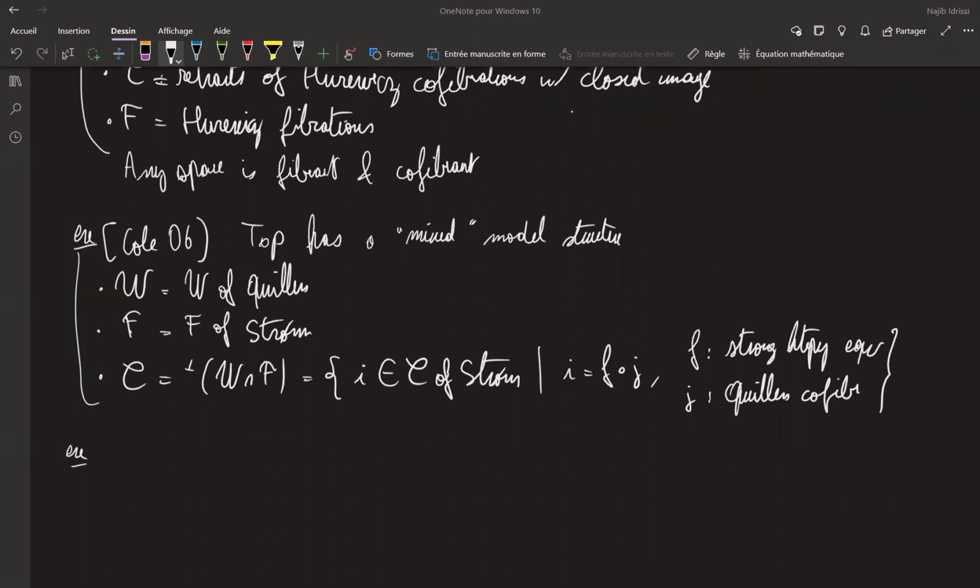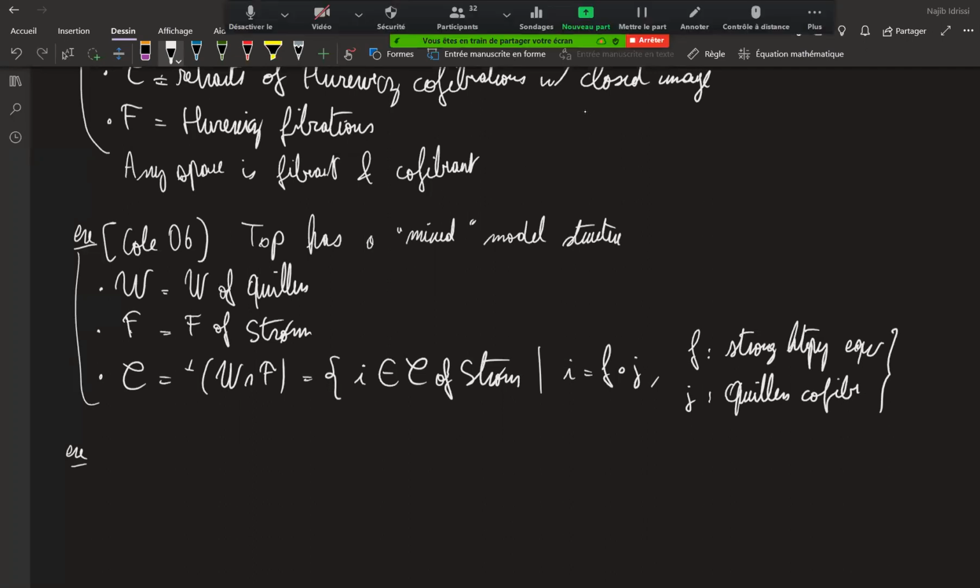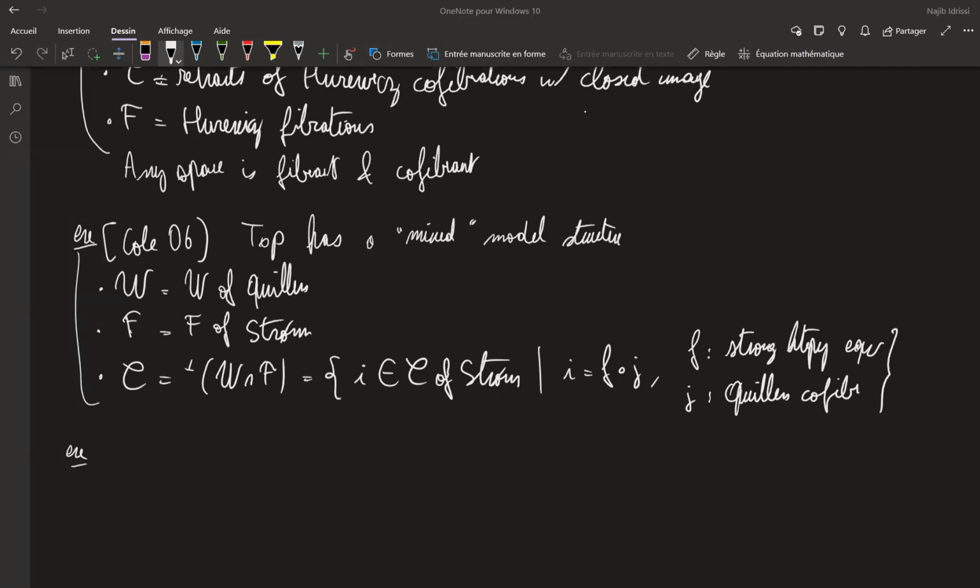All right, so there is a question, what is an equivalence of model categories? It's a bit complicated. We are going to study it in section 6. So not in at least 2 weeks, right?